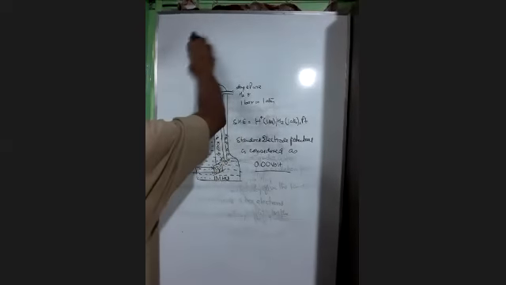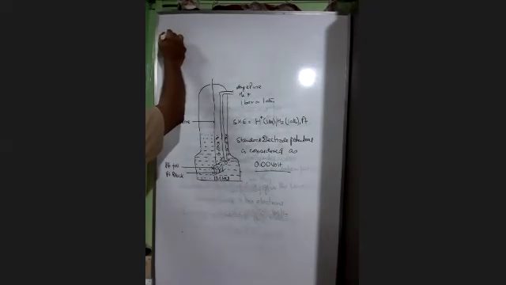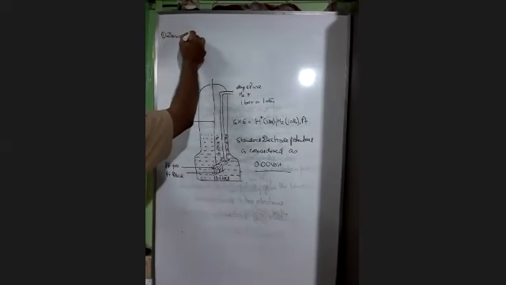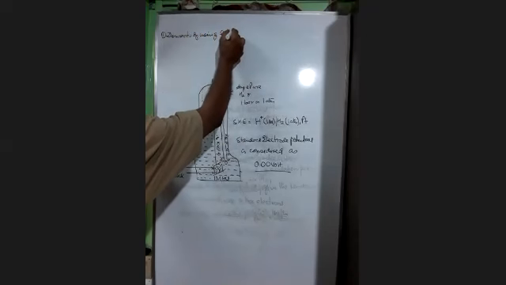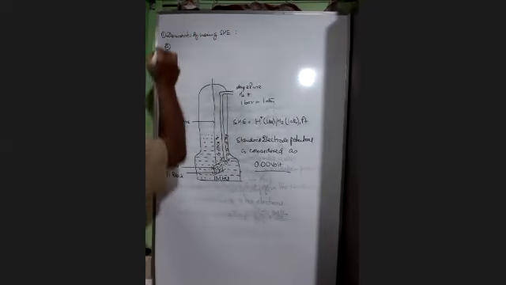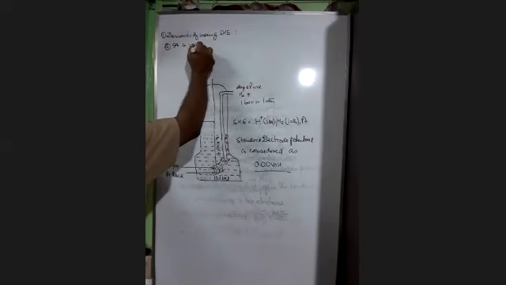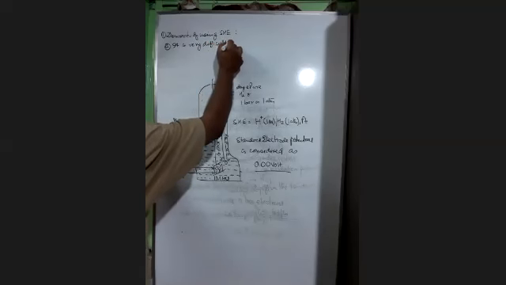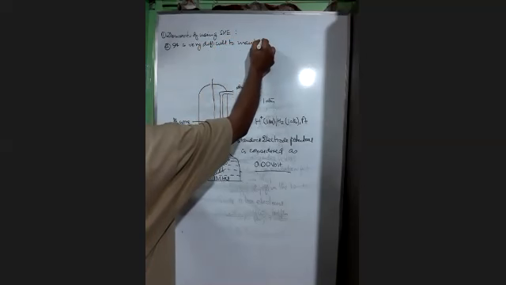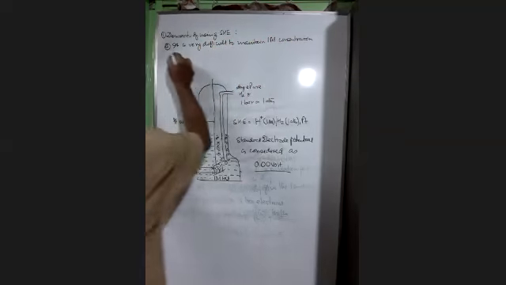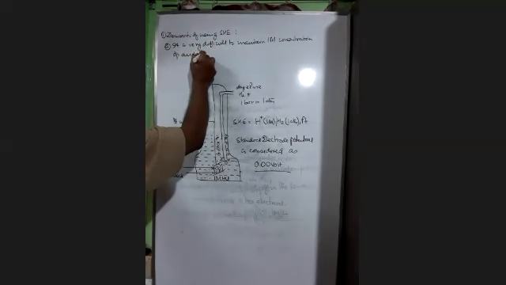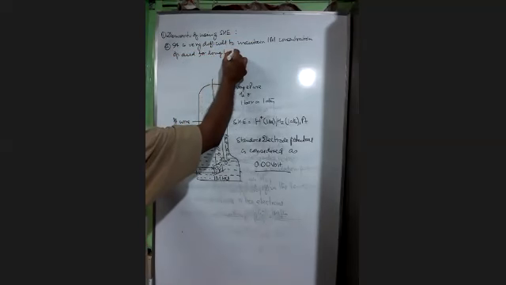One more thing for entrance. Difficulty, or we write demerits of using standard hydrogen electrode. Okay. One, it is very difficult to maintain 1 molar concentration of acid for a long time.